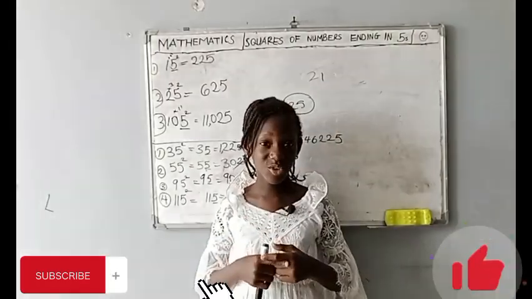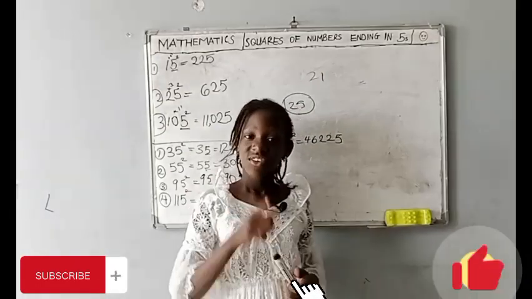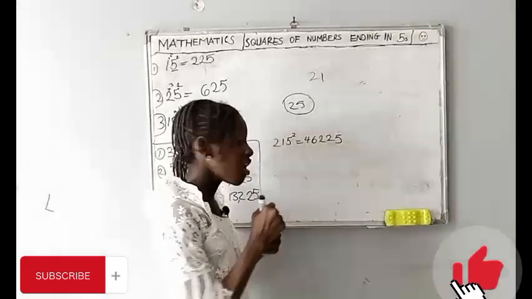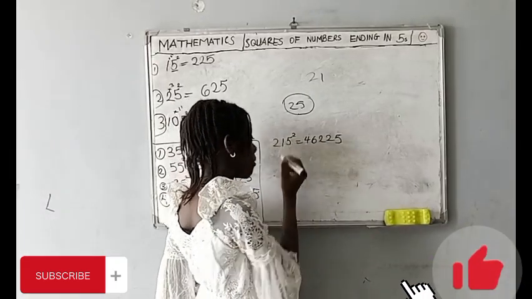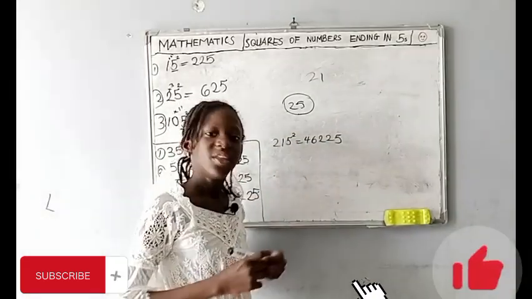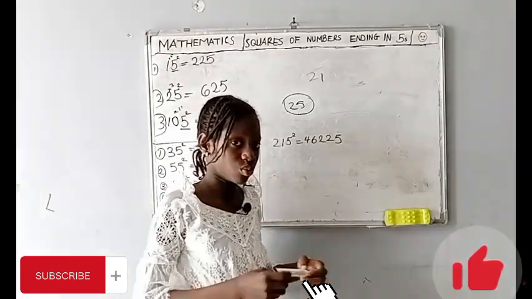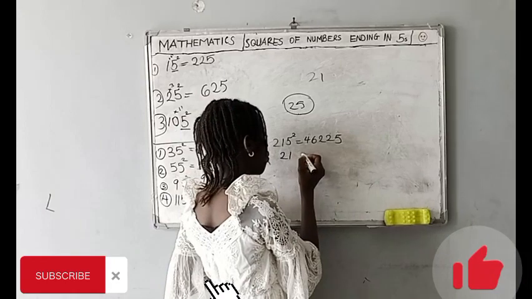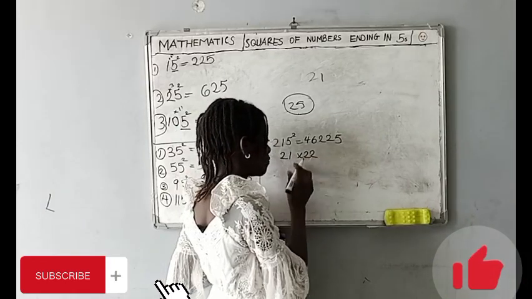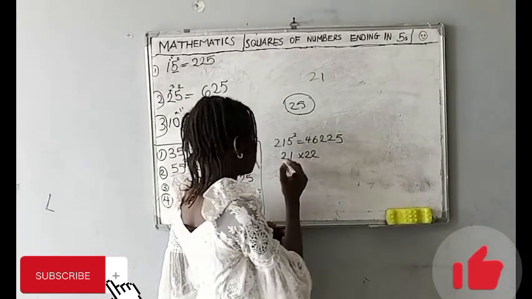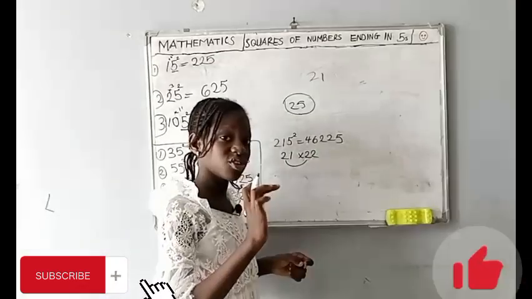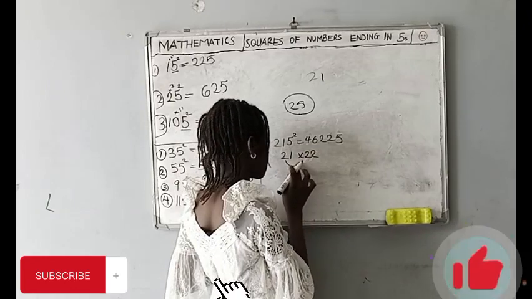Oh, I forgot something to tell you. Yes, since we're looking at the abacus method, we're supposed to have solved 21 times successive numbers using the abacus method. This is another lesson on its own. So let me show you this simply. 21 times 21. Since these two numbers are the same, we're just going to take it and square it.